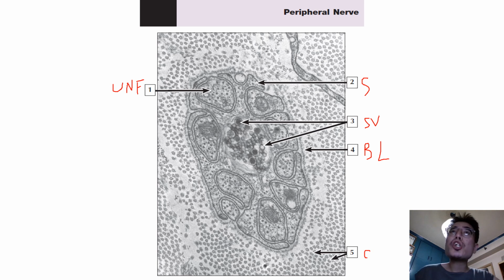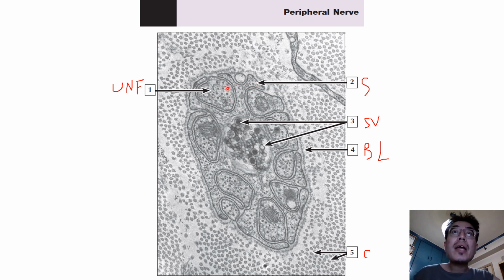The association of Schwann cells to nerve fibers differs between myelinated and unmyelinated nerve fibers. In the peripheral nervous system, nerve fibers of small diameter, composed of both axons and dendrites, are grouped together by a Schwann cell.